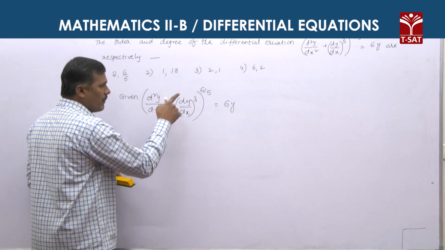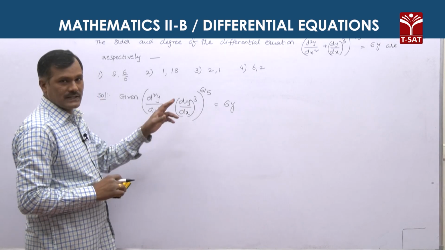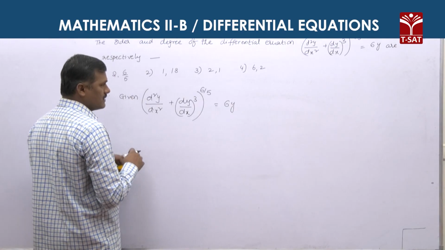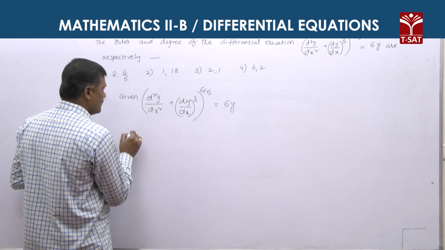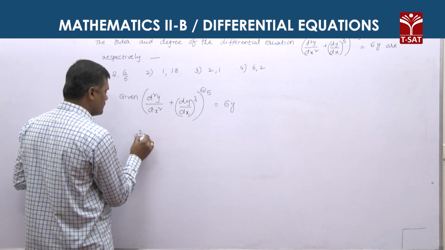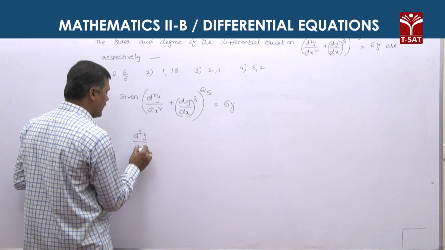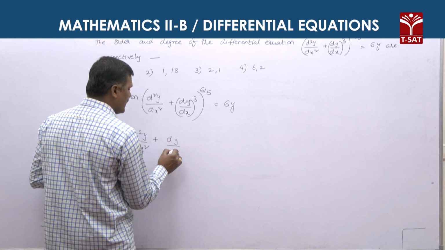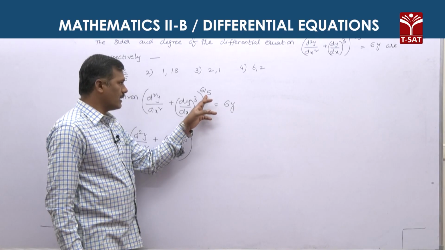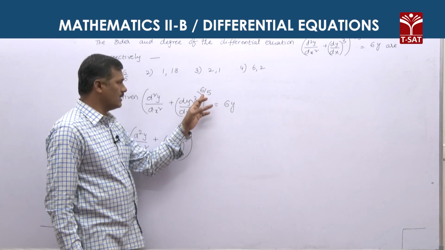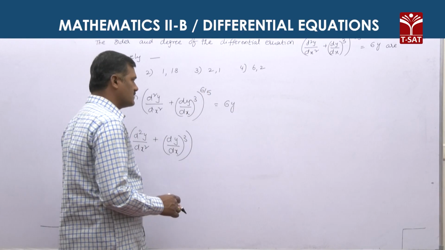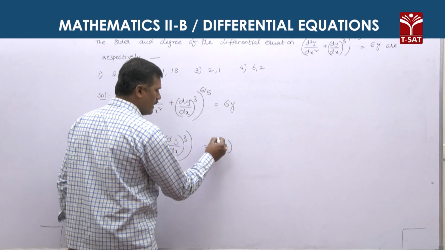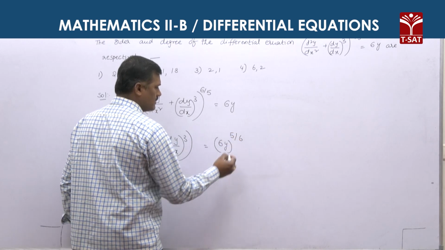Now raising power 5 by 6 times. Now the equation becomes d square y by dx square plus dy by dx, we have to raise the power in left hand side 5 by 6 times, that is equals to 6y whole power 5 by 6.